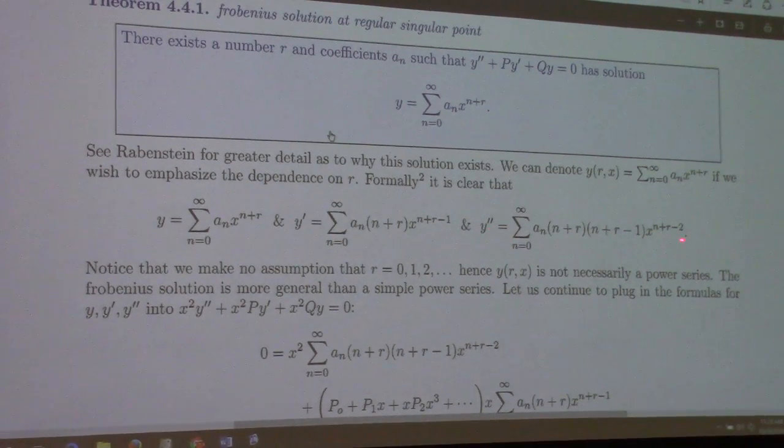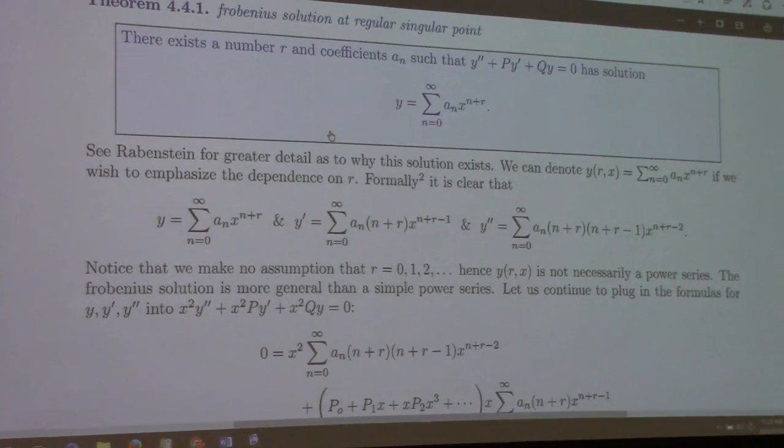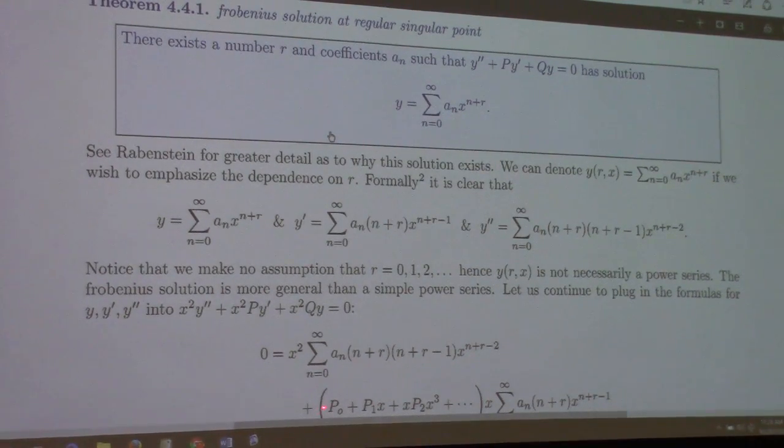And likewise, when you twice differentiate, see, I'm just doing what you guys are already doing in the homework on power series, right? It's just now r is not necessarily an integer, okay? And then I just plug these into the differential equation we're trying to solve, right? I've got x squared times y prime prime, and then I've got x times p, times y prime.